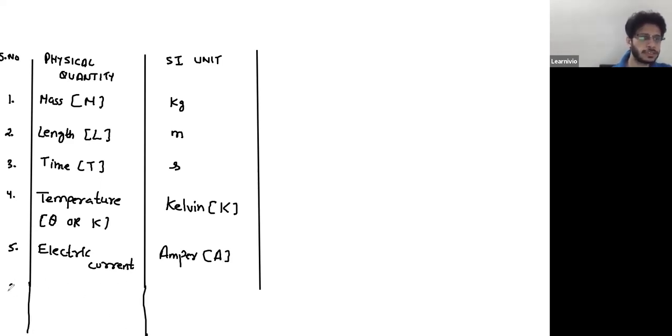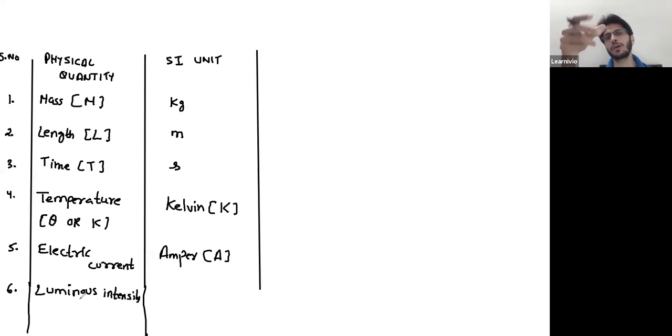The next quantity is luminous intensity. Now you are aware of the first 5 quantities. You have used these first 5 quantities up to class 10. This luminous intensity is a new quantity. Luminous intensity means intensity of light. If I give you a bulb of 100 watt and a bulb of 1000 watt, the intensity of light from the 1000 watt bulb is more than the 100 watt.